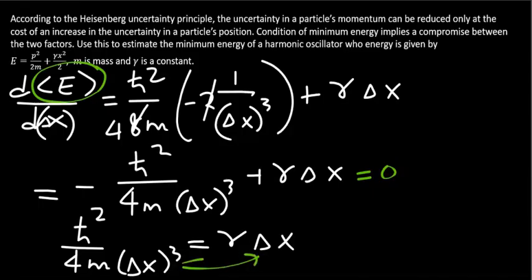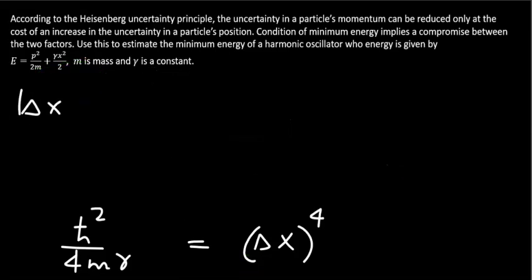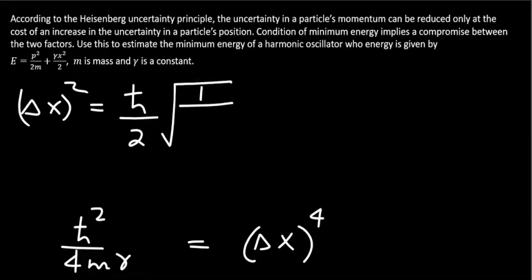Rearranging some terms, the gamma will go here, and here it will be delta x raised to the power 4. So delta x squared becomes h bar over 2 square root 1 over m gamma.